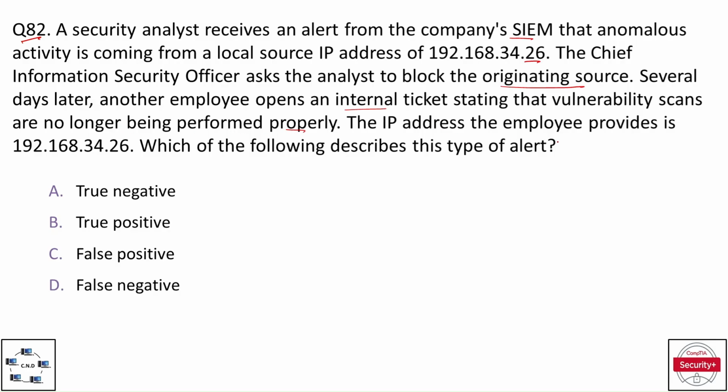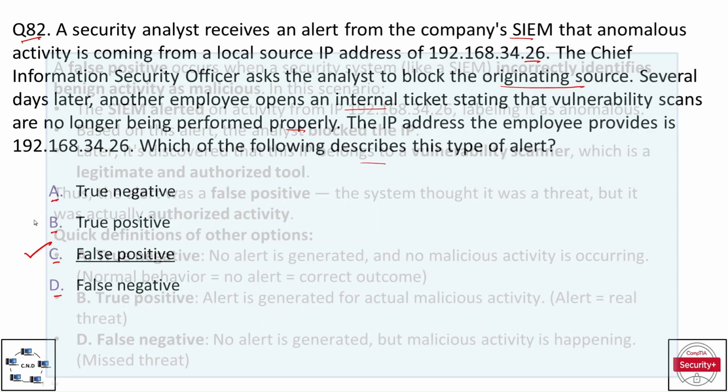The IP address the employee provides is 192.168.3.26. Which of the following describes this type of alert? And the options are option A, true negative, option B, true positive, option C, false positive, and option D, false negative. And the correct option is option C, false positive.